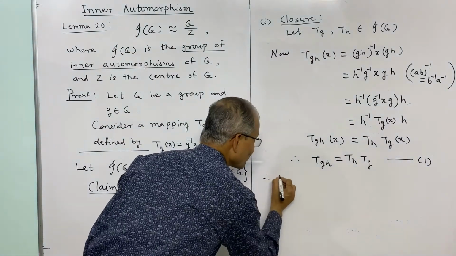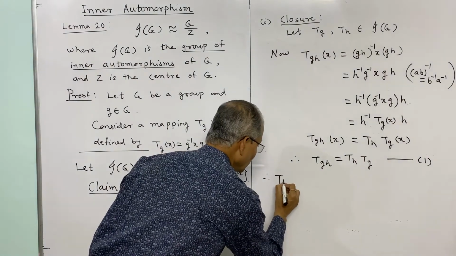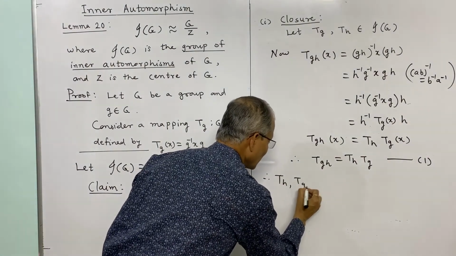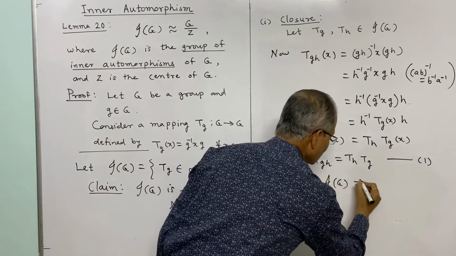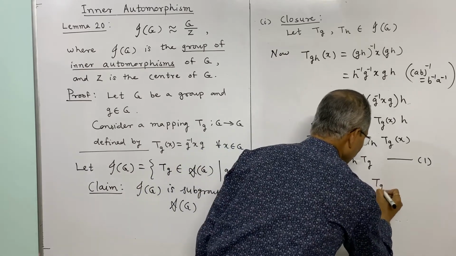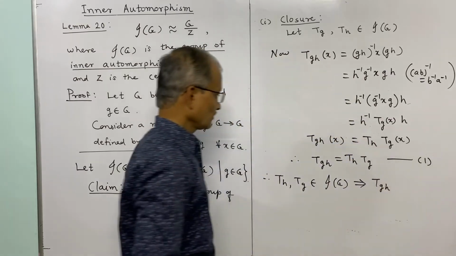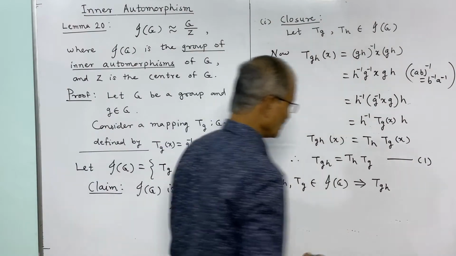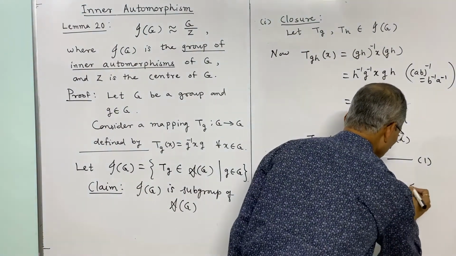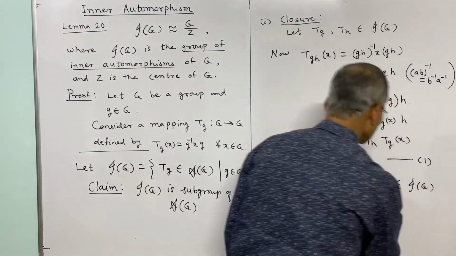So therefore TH TG belongs to IG implies their product TGH also belongs to IG. Why does this belong to IG?